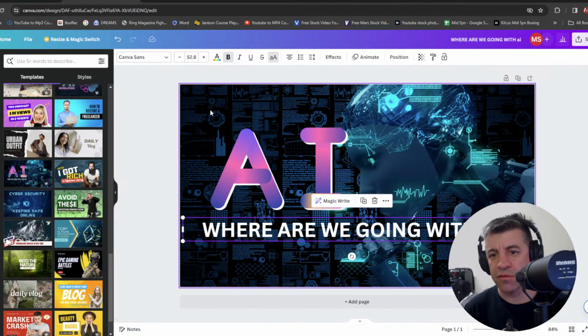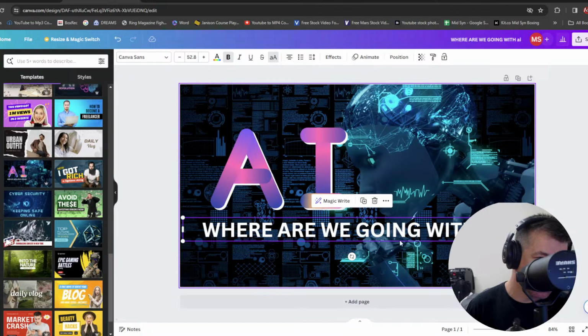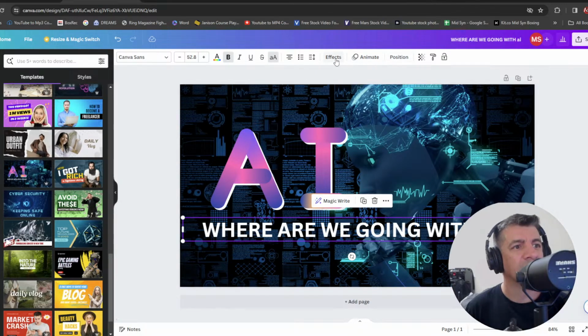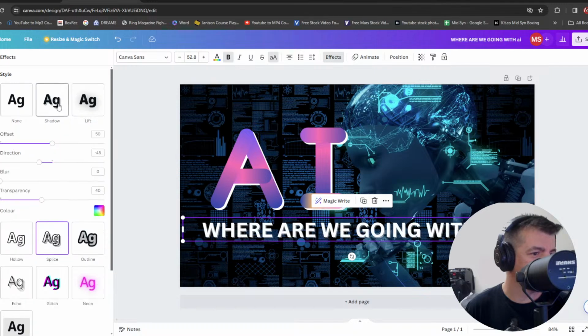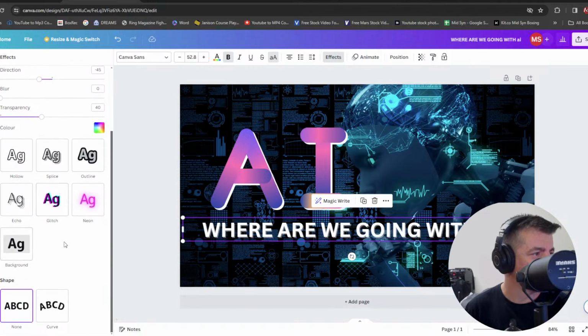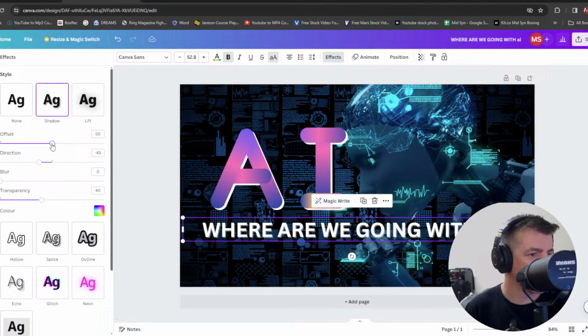Alright, I can figure this out. Effects, here we go. Yeah, that's, no, that, there we go. Opacity, transparency, blur. Yeah, about there.